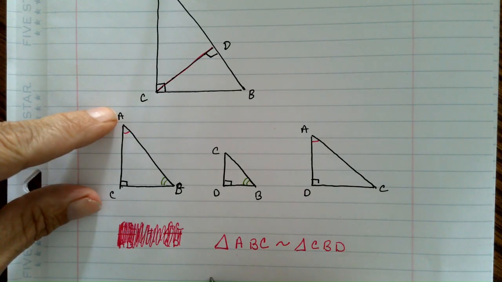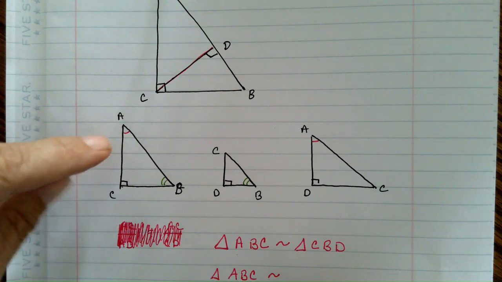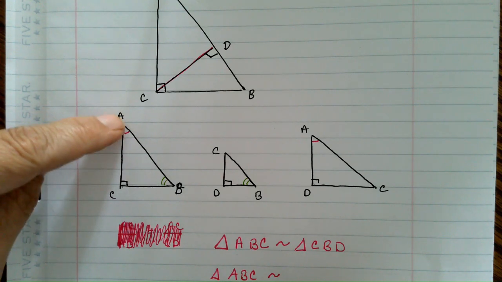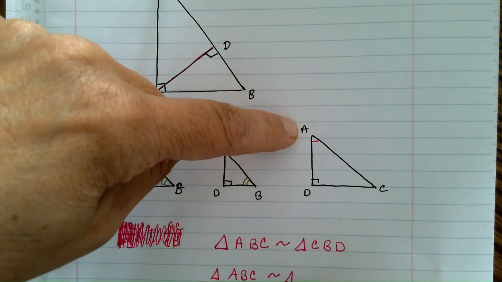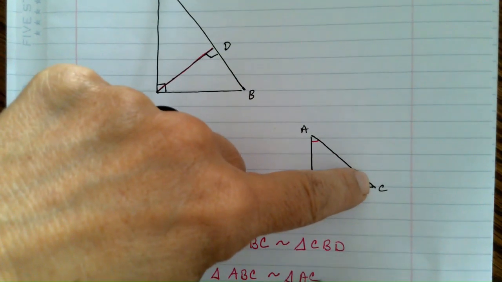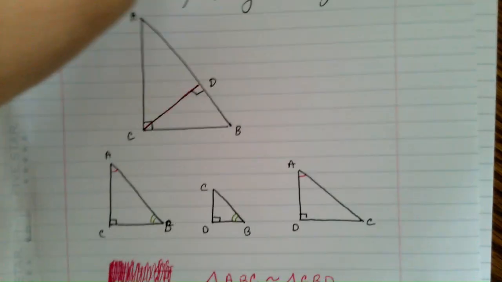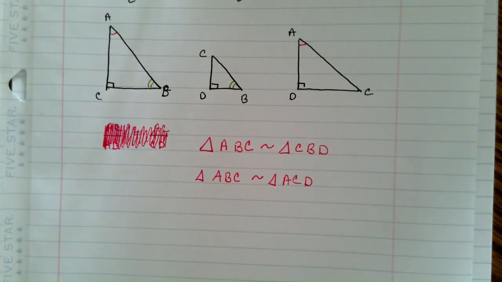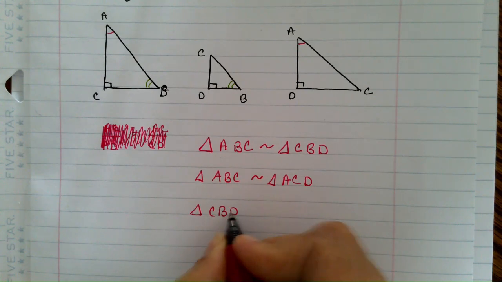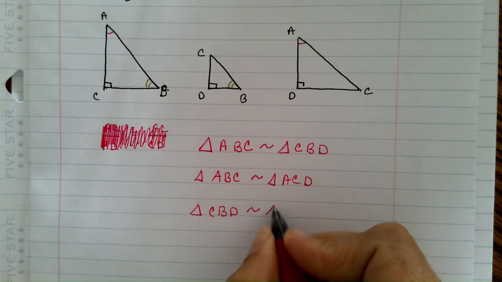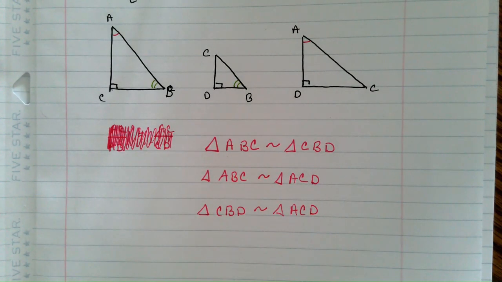I also have triangle ABC is similar to triangle, now remember, I did the pink, then the other acute, then the right angle. So I compared the big to the littles by similarity statements. Now I'm going to write the transitive property, where we know triangle CBD is similar to triangle ACD.